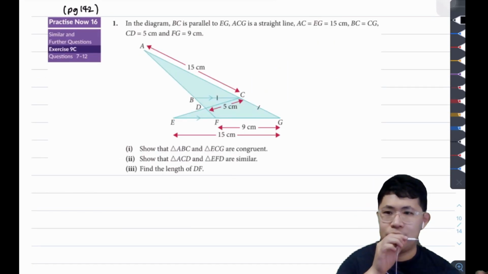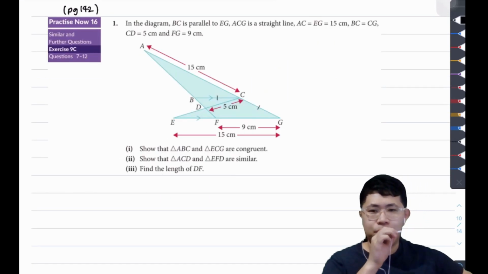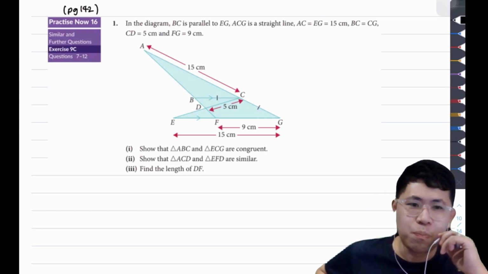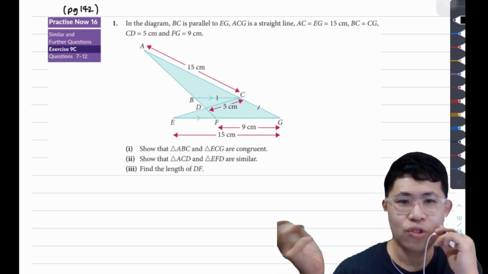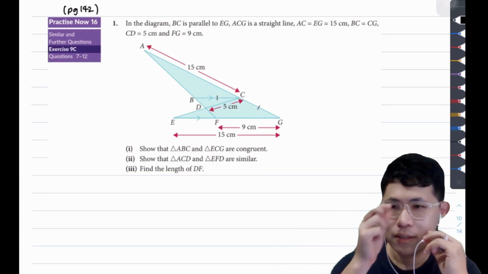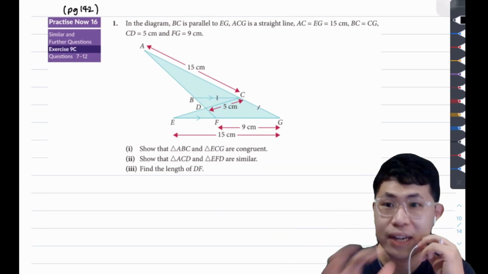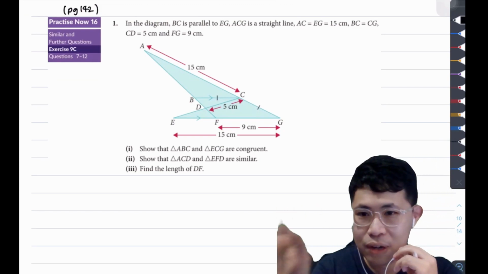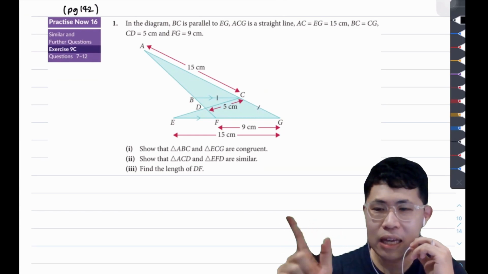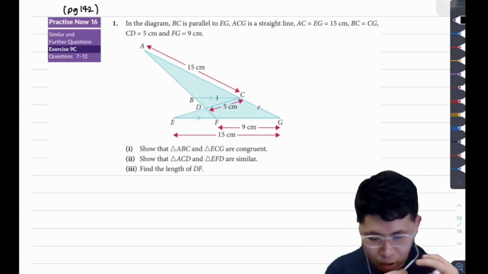Okay, so we've come to this point in time where we're going to mix and match. We're going to use both congruence and similarity tests to solve geometry problems, especially involving triangles. So in Practice Now 16, page 142, we have this diagram over here. Show that ABC and ECG are congruent.